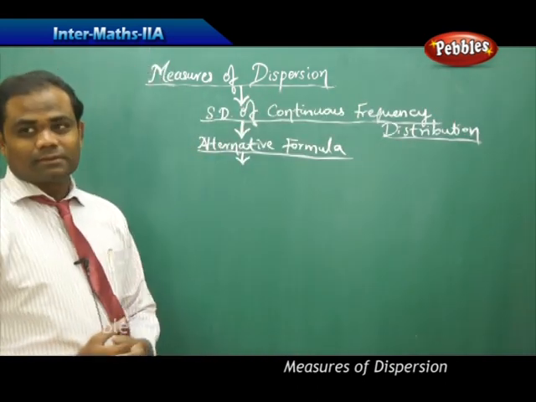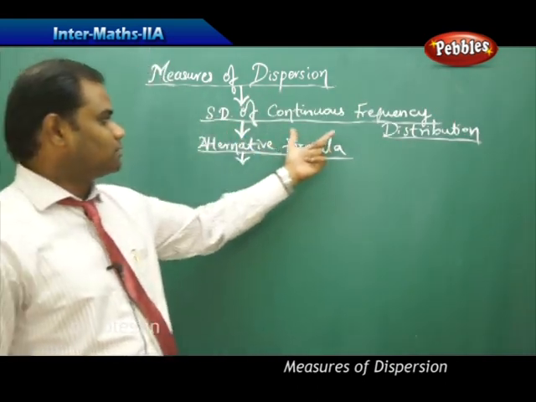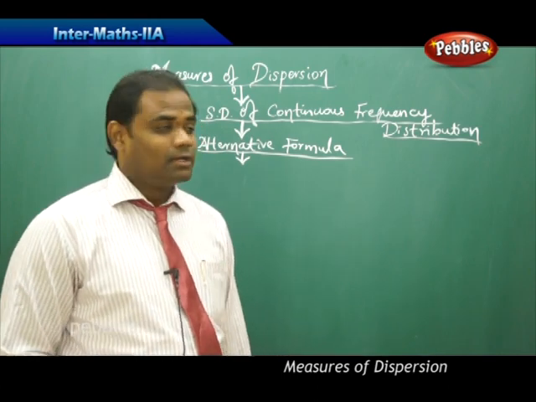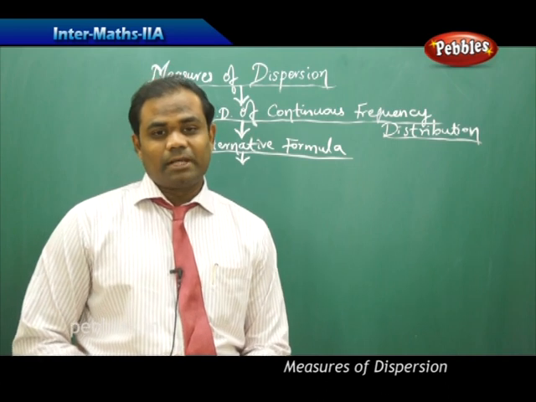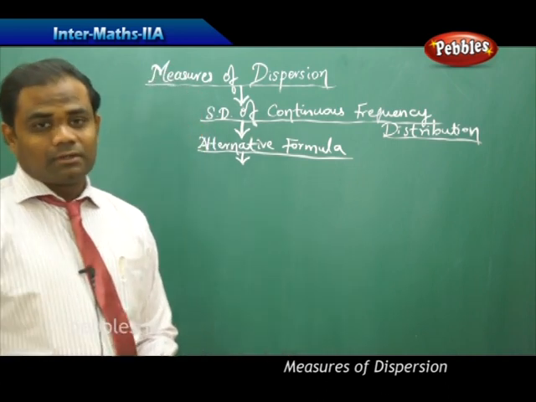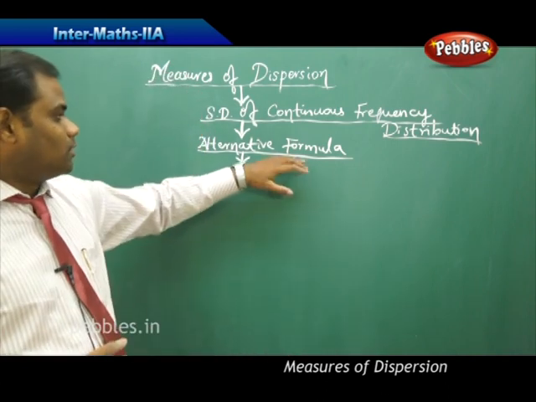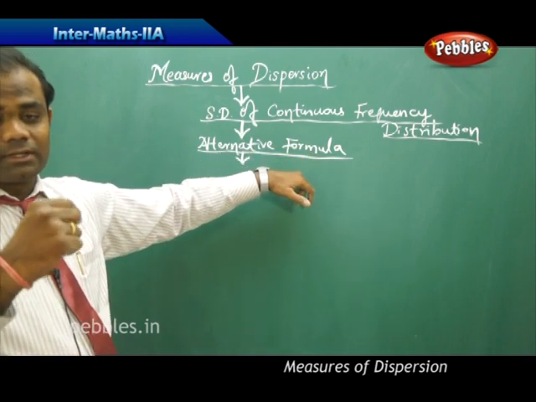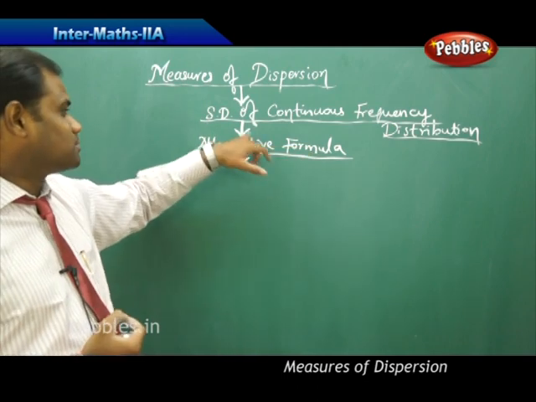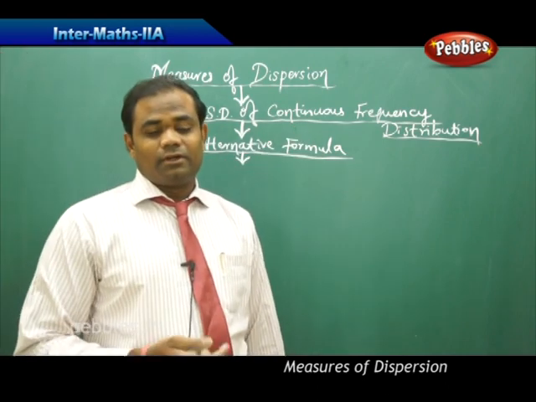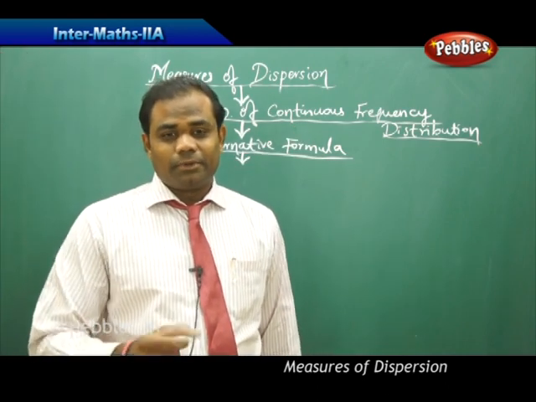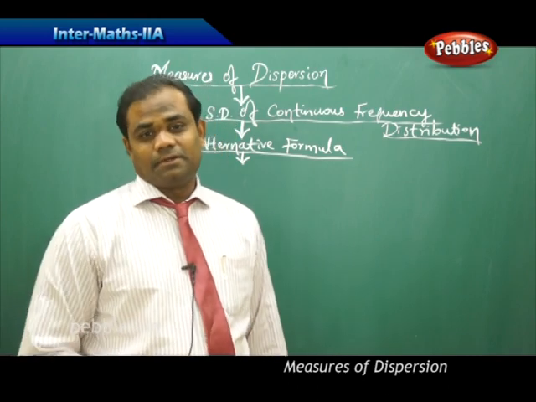Now here we have the standard deviation of continuous frequency distribution, which is derived using an alternative formula, because sometimes this computation is modified, because the computation of the higher values becomes very difficult in case of the previous formula. So we derive an alternative formula where the computation of the values becomes easy.